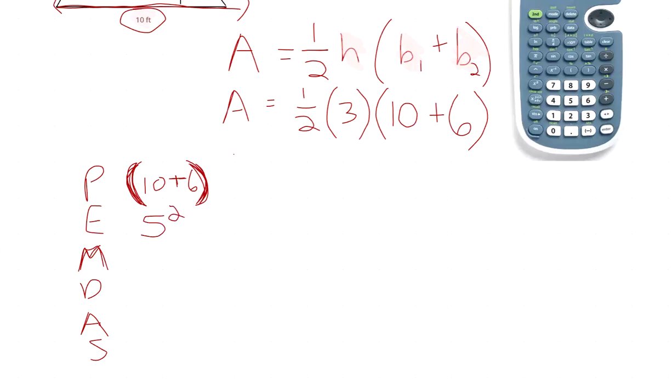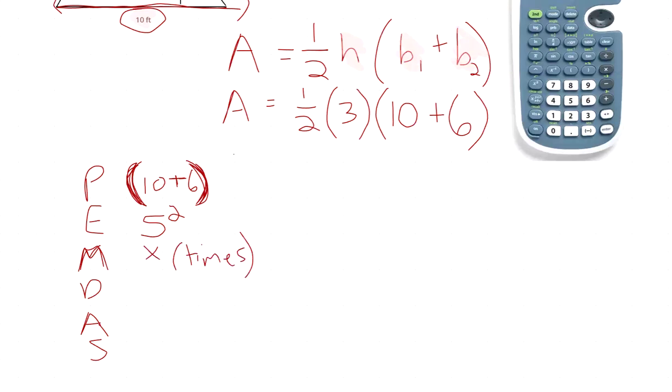So first you deal with parentheses, then you deal with any exponents, which are the little numbers that show up above big numbers. M is for multiply or times. So I'll just write that out, times, because now you're probably used to not seeing the X for times, so multiplication.